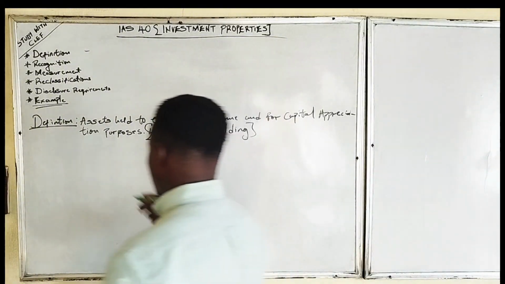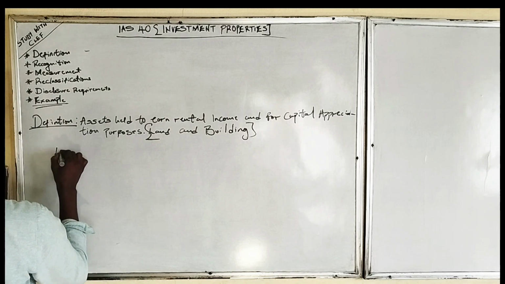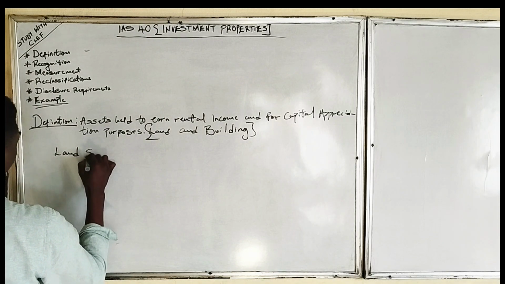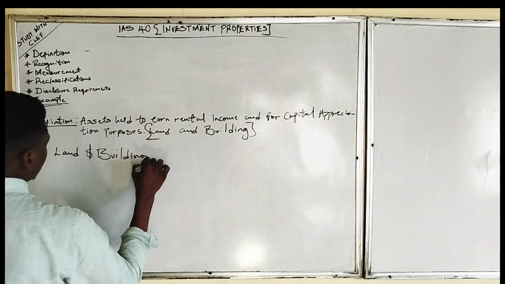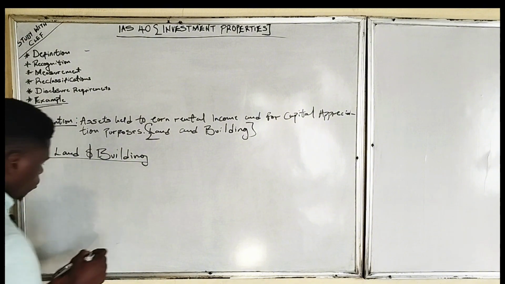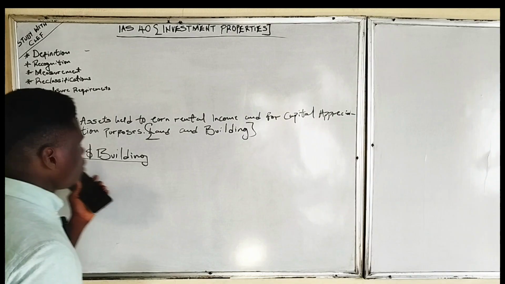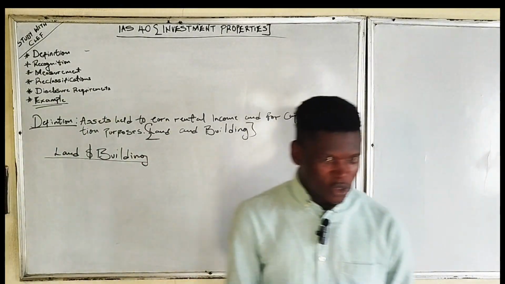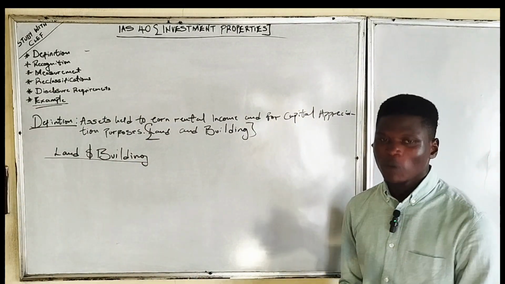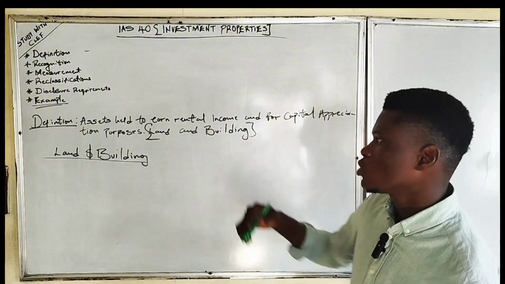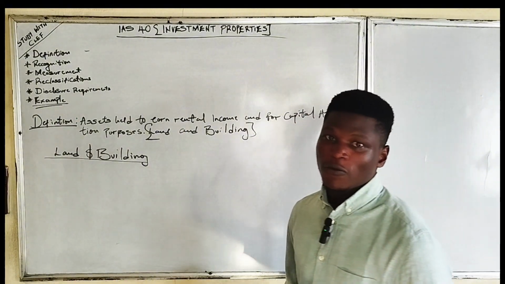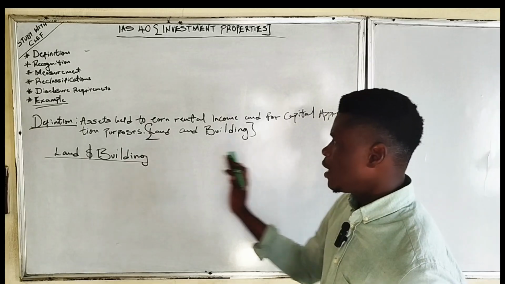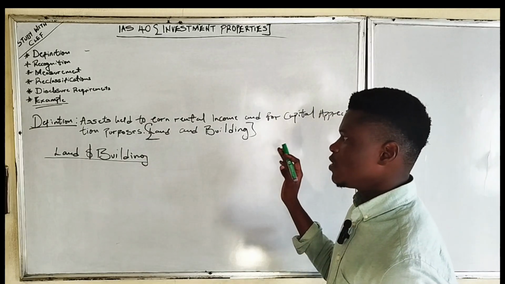So I'm saying that either land or building, we have cases whereby the company may be using the building and may also use it for rental purposes. So land and building are part of investment property.